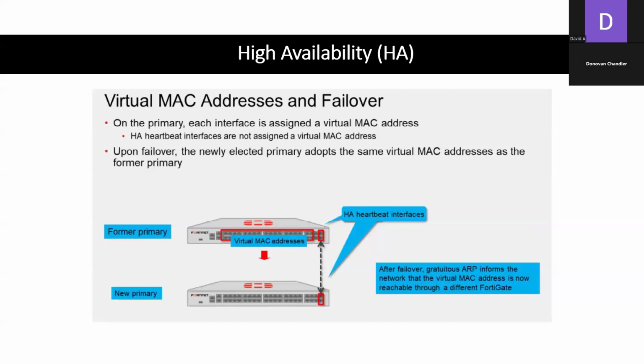So a GARP will be sent out saying, "Hey, here's where you can reach me, although I had a failure on another port." Still using the same virtual MAC. The switch on the other side will say, "All right, excellent. This virtual MAC is now, instead of being on port one, on port five."